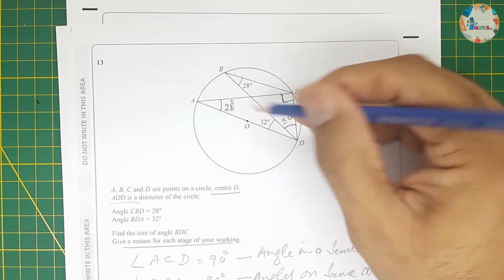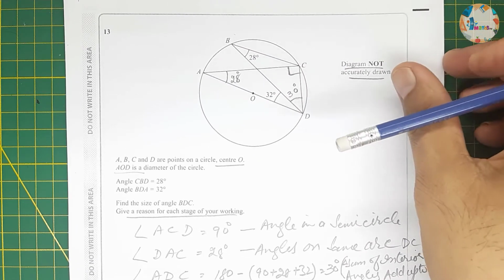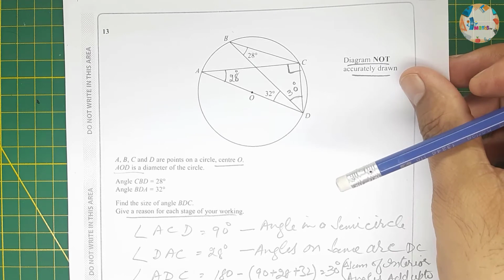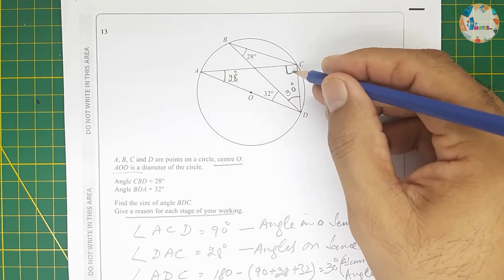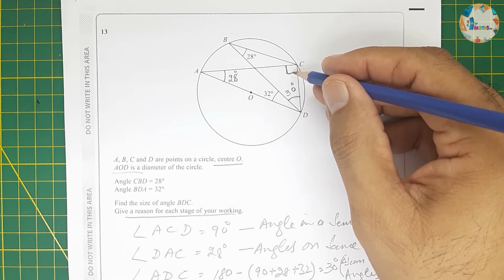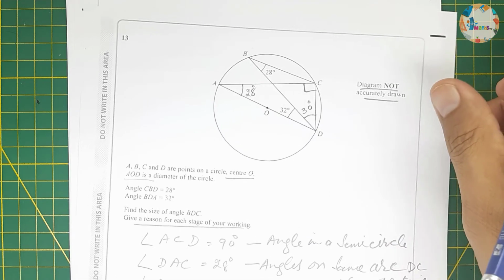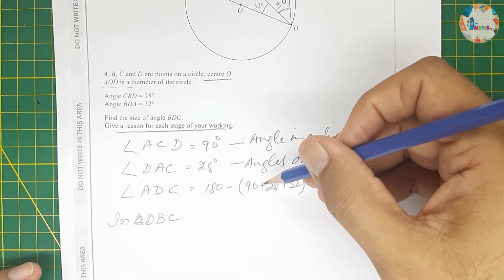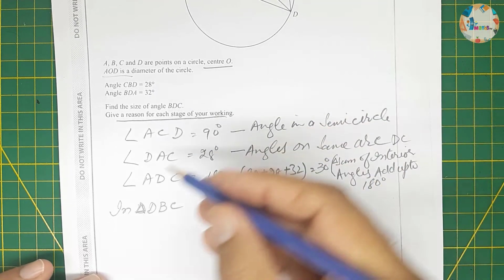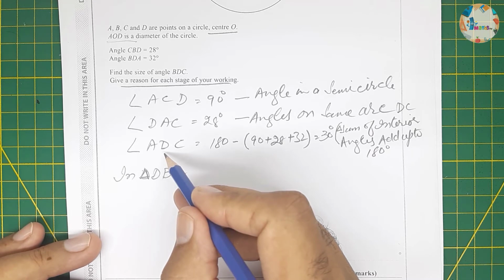BDC was required, which we have basically calculated. So no need of further working, because ADC was required. Yeah, so we have calculated. This is basically angle 90 plus 28 plus 32. This is not ADC, this is angle ACD.